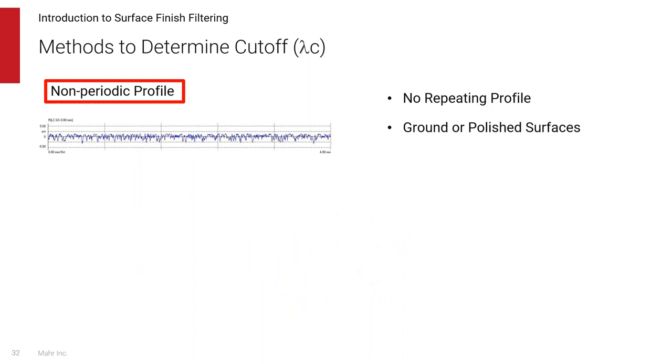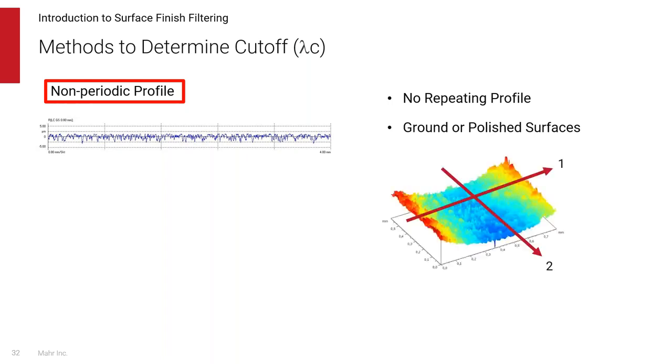And these are very typical of ground or polished lapped surfaces, for example. There's no real pattern to these non-periodic profiles. And you can look at the different surfaces under different techniques, and you can't see that very distinctive periodic profile. There's a surface roughness there, but it's not repeating.